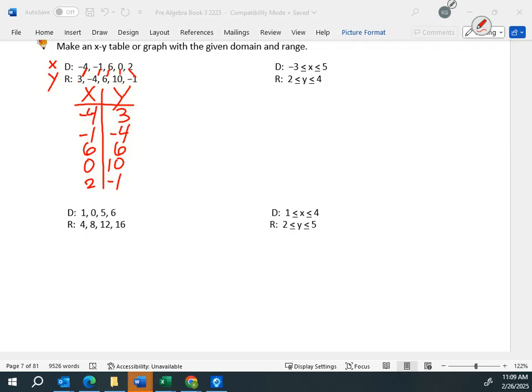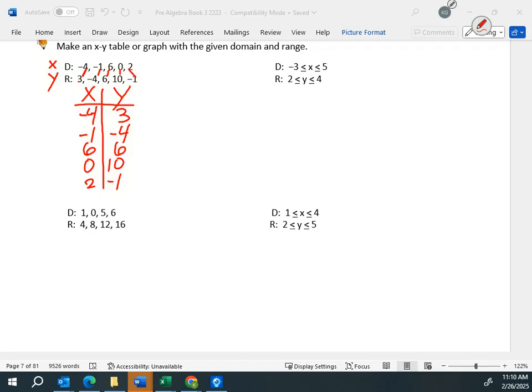Any questions on that? Okay, so anytime that you see very specific domains and ranges, we know it goes into the table. Always go straight for the table and just line them up. But now, we see a different kind of domain and range given.